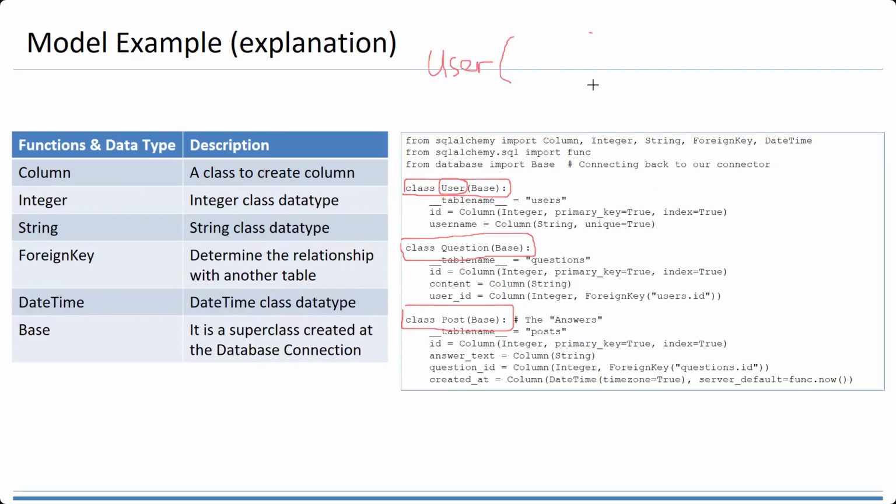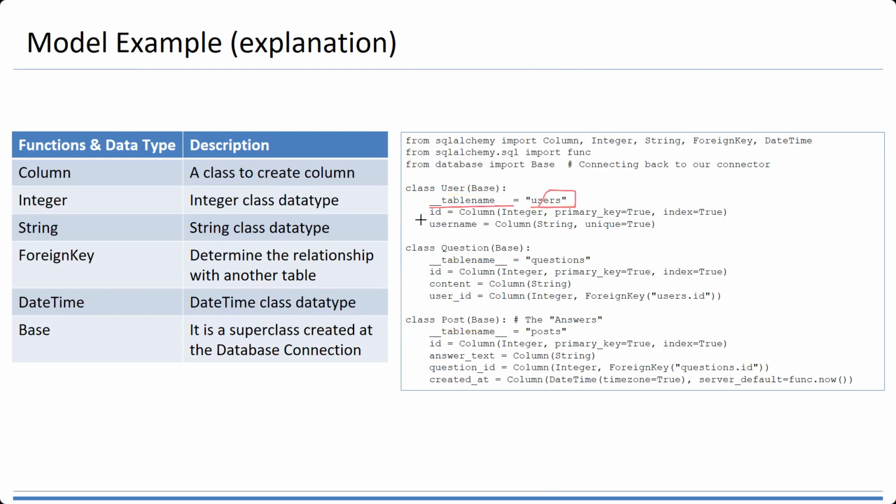When I put something inside the parenthesis, this one is the superclass. So I'm going to inherit anything from this superclass, and then I'm going to put everything in my class. In this class, I want to specify the table name. The table name is users. So later we will call the table name using users.